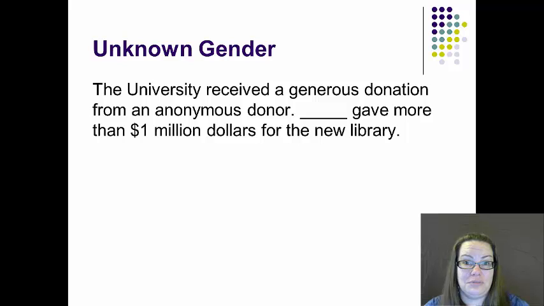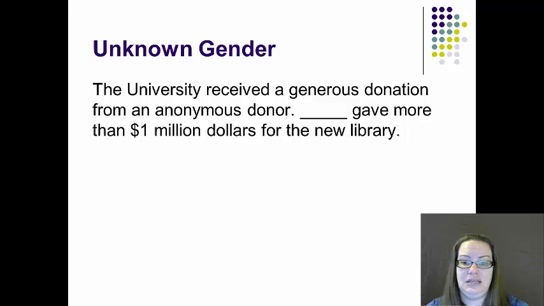Prescriptive rules many years ago used to say that we always put in he, and that when we put in he, our brains would determine that it was not specific to the male gender, that we could interpret it as either a male or female donor. Since we don't know who the donor is, there isn't a way that we can decide whether it's he or she. We have a few options here.